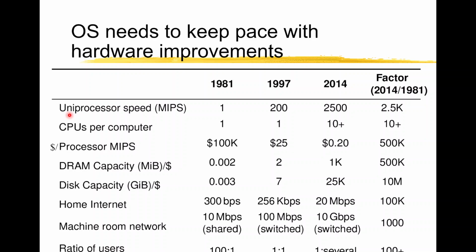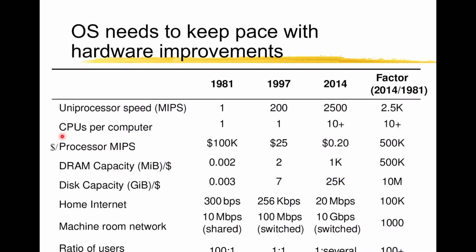From uniprocessor speed, in millions of instructions per second, we moved from 1 to over 2,500 instructions being executed in 1 second. The CPUs moved from 1 CPU per computer to more than 10 in 2014.